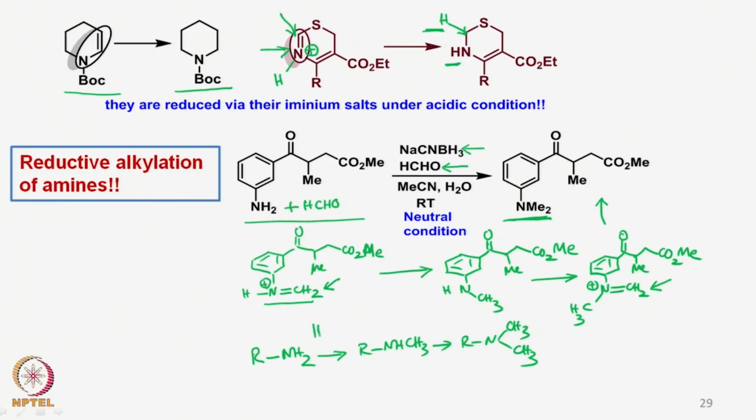That is because of the formaldehyde and sodium cyanoborohydride, and that is a very straightforward and easy way of introducing a dimethyl group on a primary amine, using the properties of sodium cyanoborohydride reducing a cationic species.